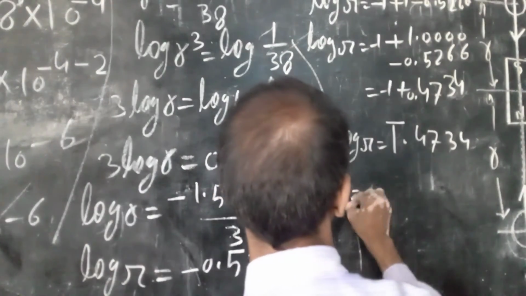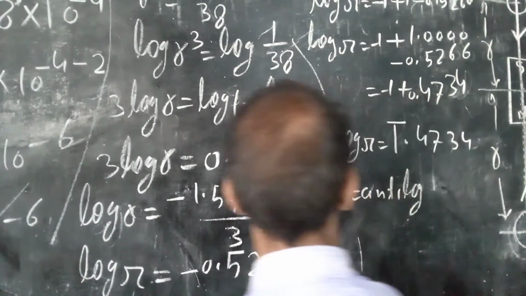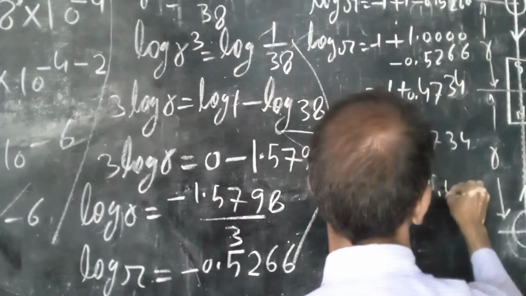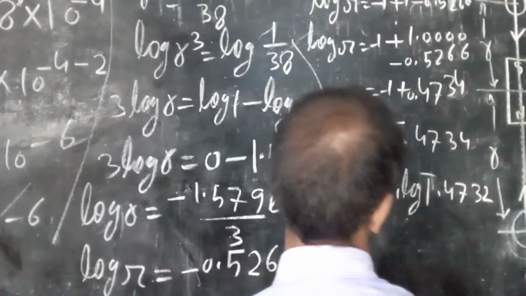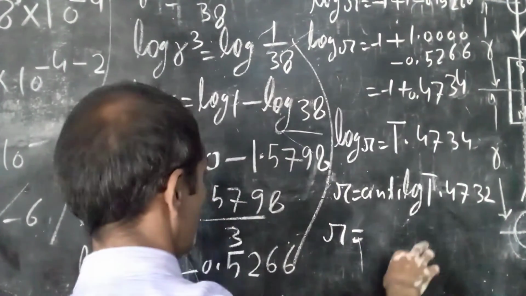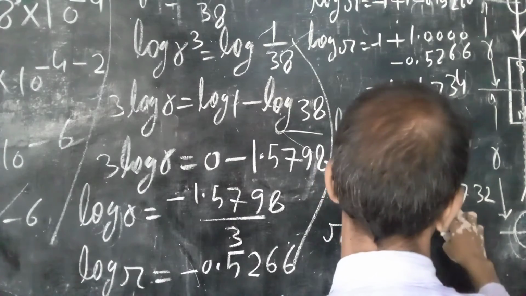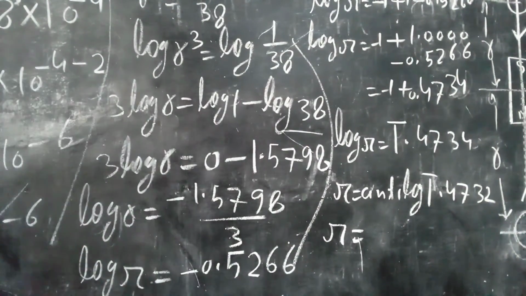So r is equal to antilog. Now we take the antilog to find the value of r. 1 bar 0.4750. Now read in the antilog table, 47 row, column 3, and mean difference of 2.